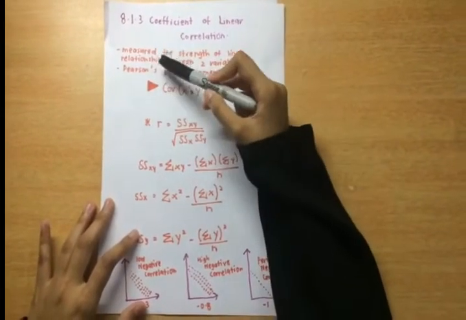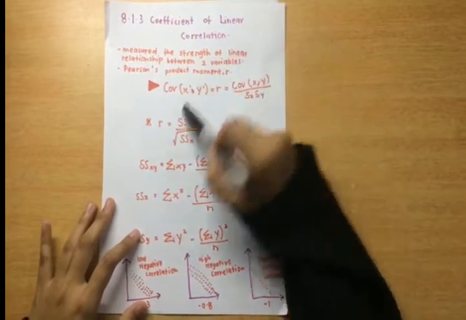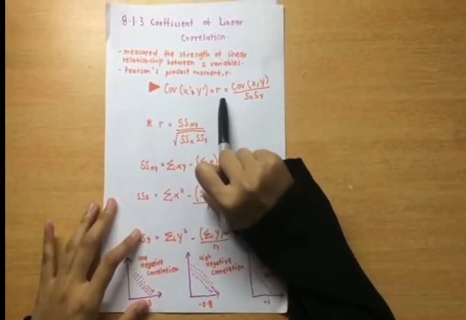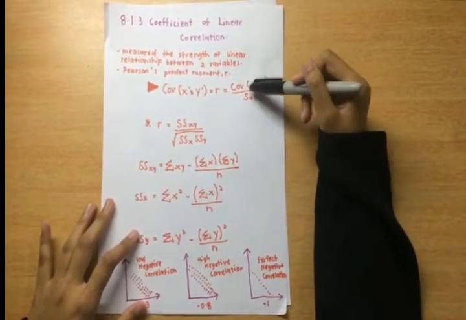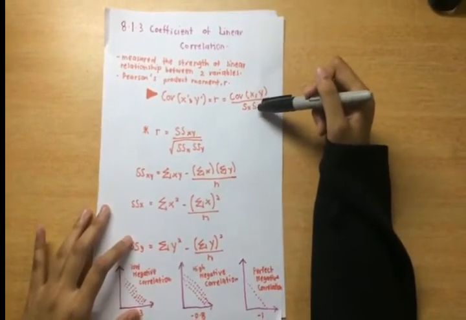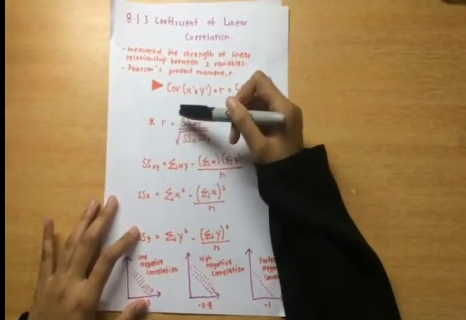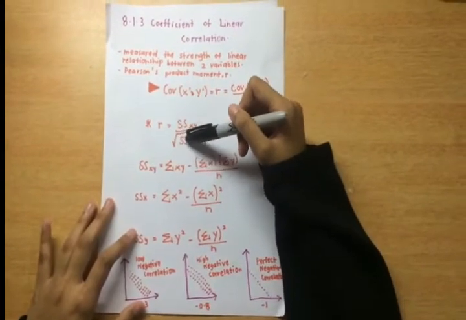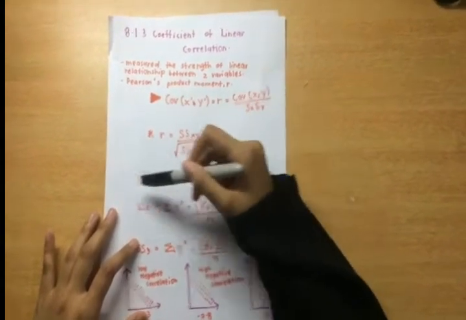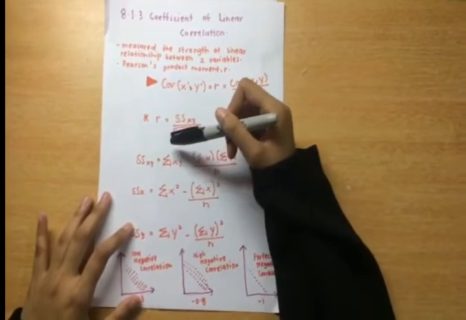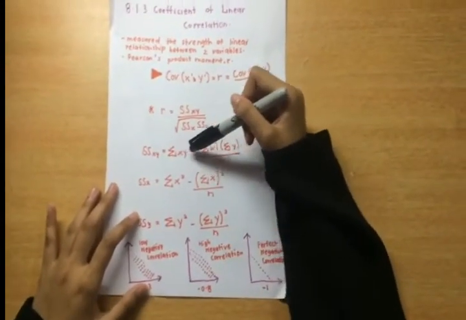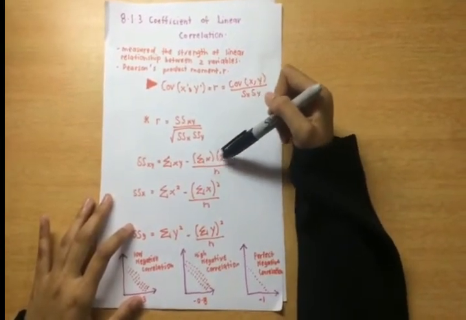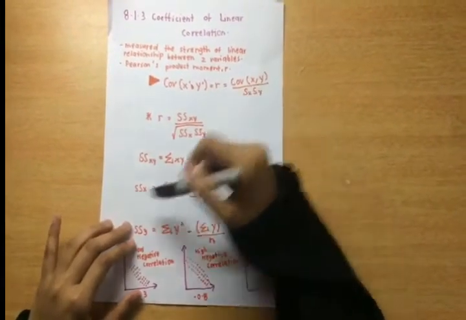It is also known as the Pearson product moment correlation, and is denoted R. R is SSXY over the square root of SSX times SSY. SSXY is total of xy minus total x times total y over total data.